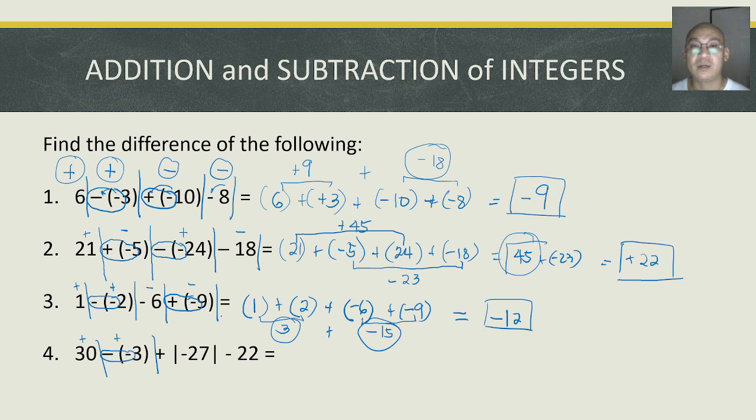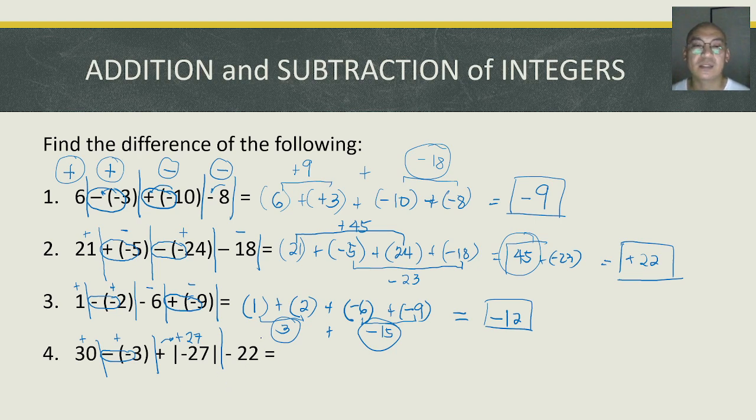And on that video, you will learn how to get the absolute value. And the absolute value of 27 is positive 27. That 27 has now its positive sign. Take note, absolute value of a negative 27 is positive 27. So kindly watch my video with the lesson of absolute value. Then you will learn how to get the absolute value of a given integer.